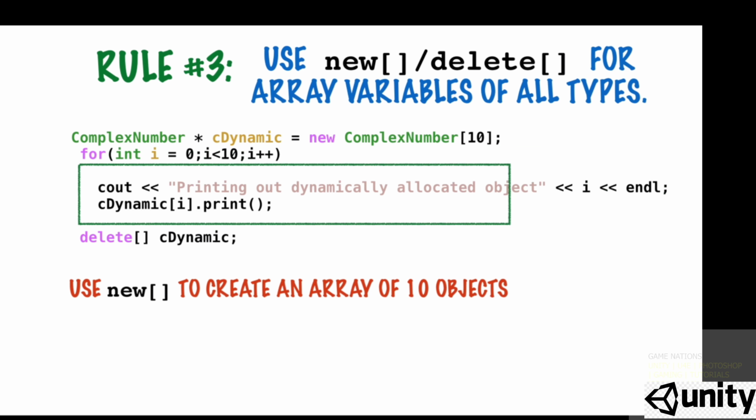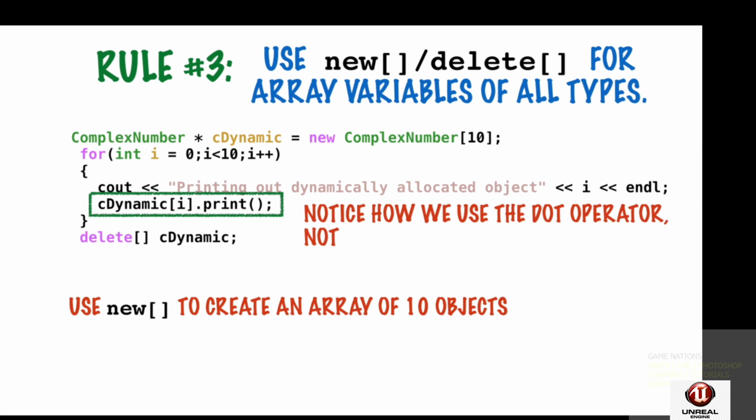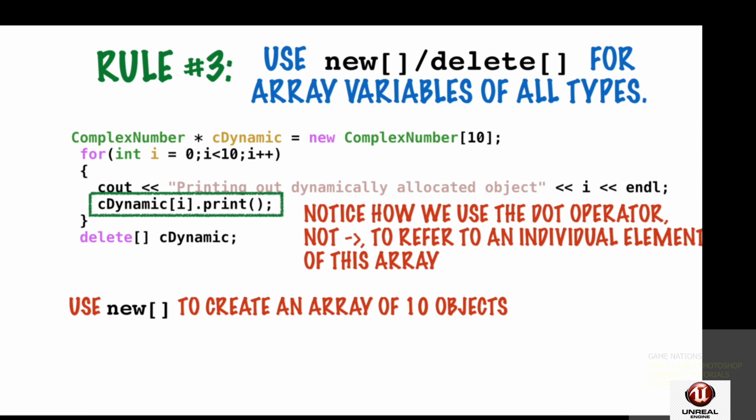See if you notice how we access each element in the array and how we access the methods on each element in the array. We use the dot operator and not the arrow operator to refer to an individual element of this array. Why is that? That's because the pointer is to the array itself. Each individual element in the array is a real object.